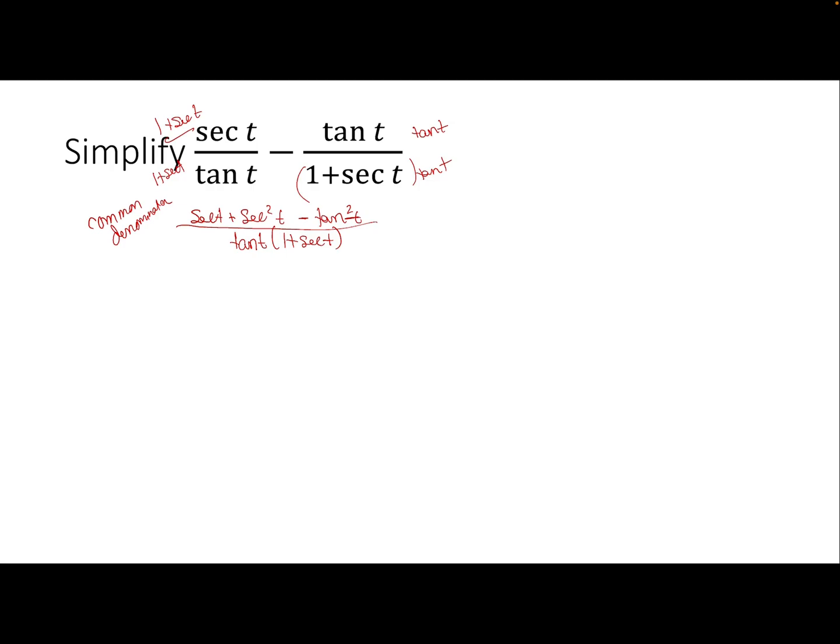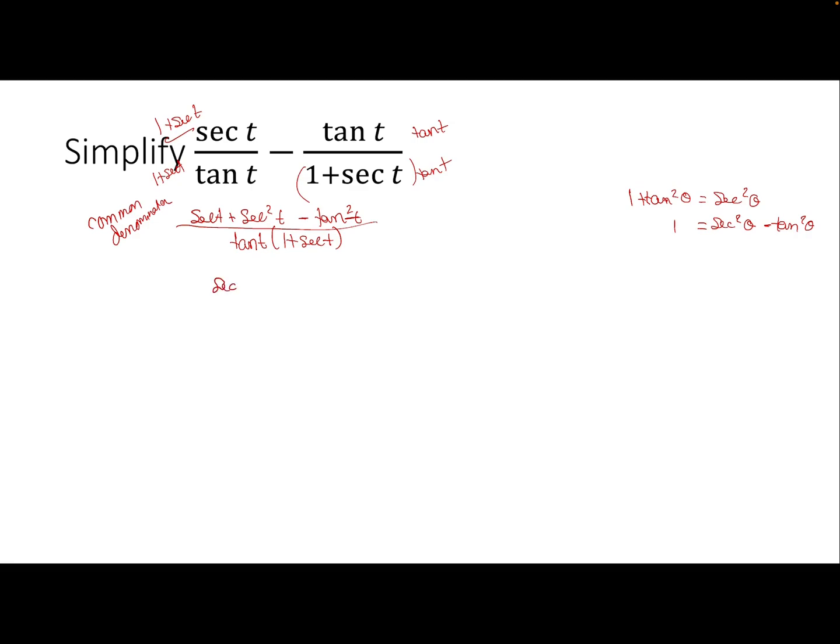So now if I think back to my Pythagorean identities, I know that 1 plus tangent squared of theta is equal to secant squared of theta. So secant squared of theta minus the tangent squared of theta, if I subtract tangent squared of theta from both sides, should be equal to 1.